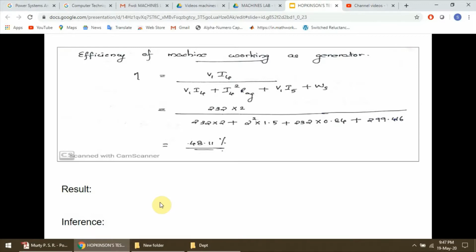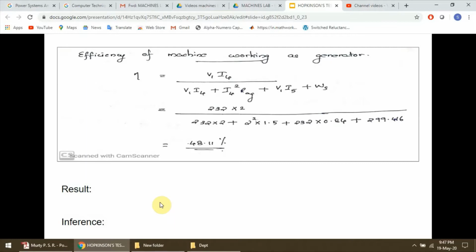To conclude, I'll first explain the result part. We have obtained the efficiency versus output characteristics of both machines, the machine working as a generator and the machine working as a motor.